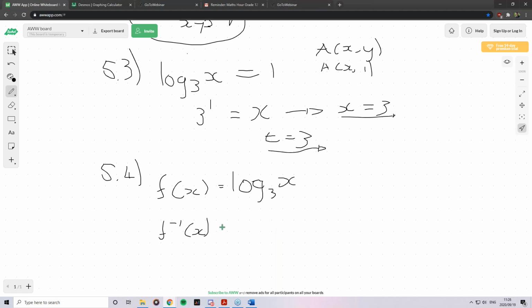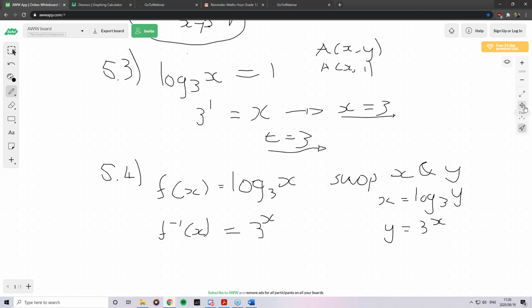You can just say, all right, if f(x) is log base 3 of x, that shortcut formula says that the inverse of f is just going to be 3 to the x. Or you can do the other method where you say, swapping x and y, you have x is equal to log base 3 of y, and from this you get that y is equal to 3 to the x.